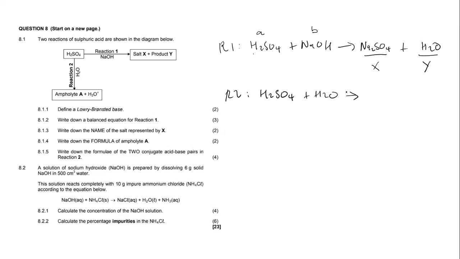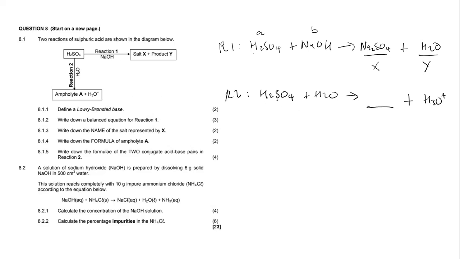So in this case, we have an amphiprotic species that is going to be formed and oxonium ions or hydronium ions. So we know that in this case, for a fact, this is the acid, it will donate its proton to water, and therefore water will turn into hydronium ions. But what is this amphiprotic species that is going to be formed?